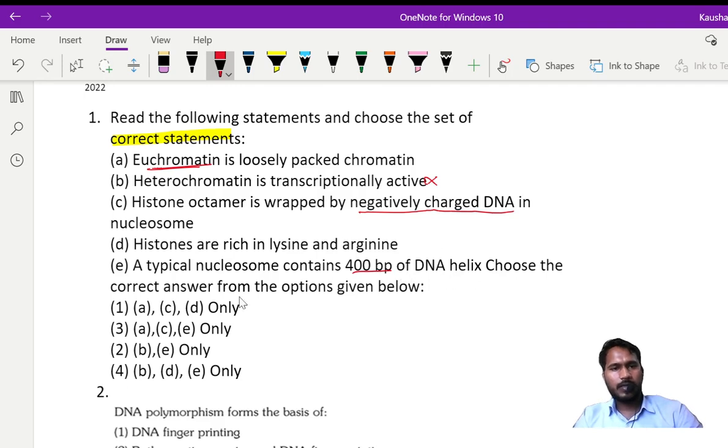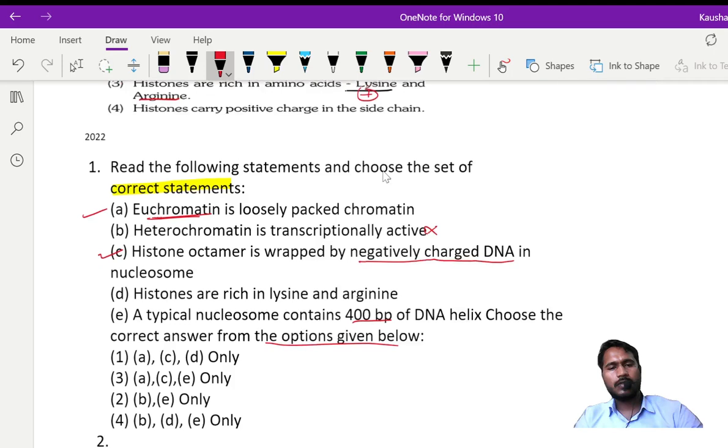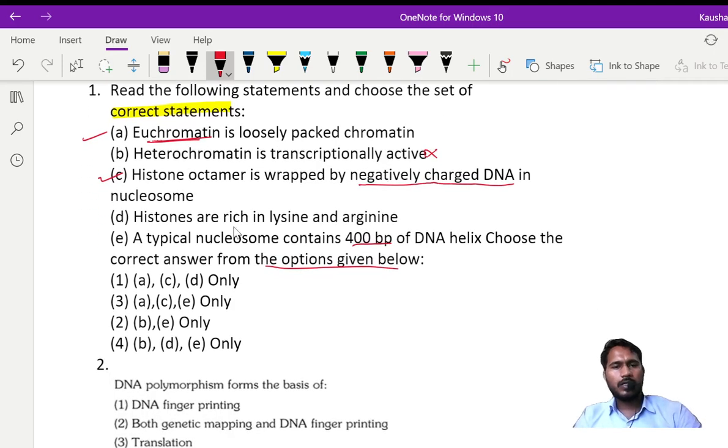So among these, we have to find the options given below. A is correct: histone octamer is wrapped by negatively charged DNA, and arginine and lysine are the positively charged amino acids. Histone rich in lysine and arginine is also correct, and the last is wrong. So A, C, D is the correct answer.